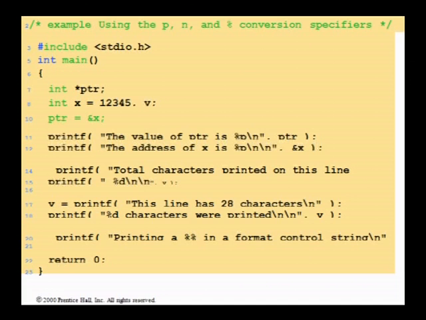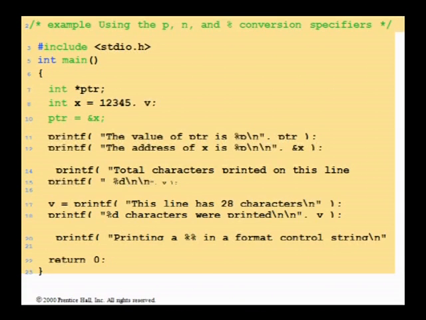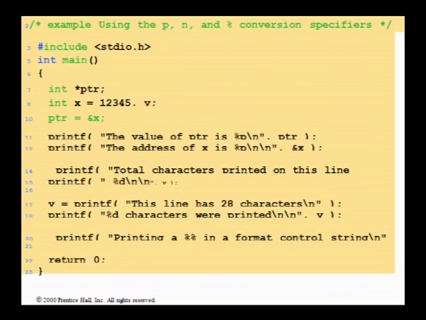Ampersand x indicates the address of the variable, so both are the same here. The value of the pointer is some value, PTR is a pointer variable, so the address of that is being printed here. Ampersand x will give the address of the variable x. The address of x is stored here, whatever it is, and that is what is going to be specified here.